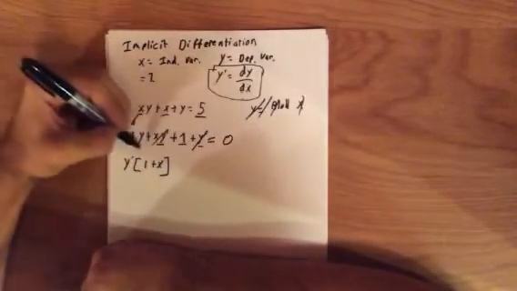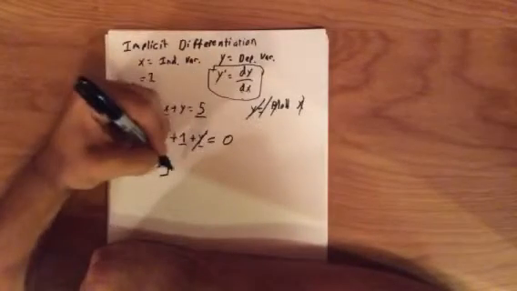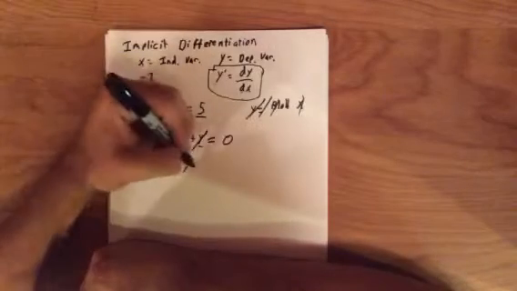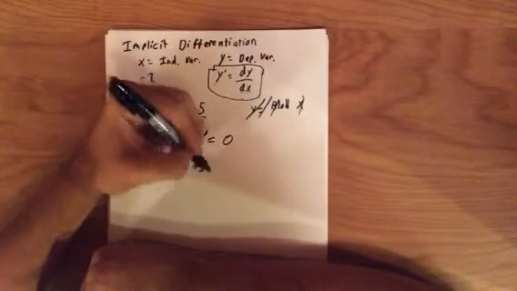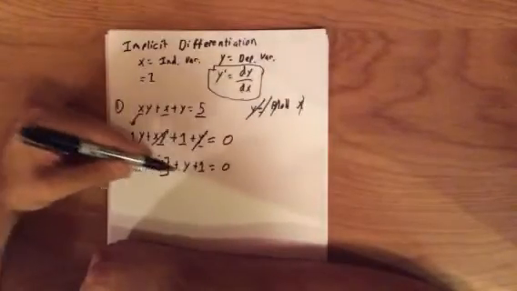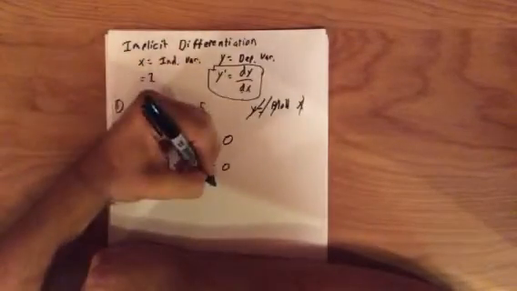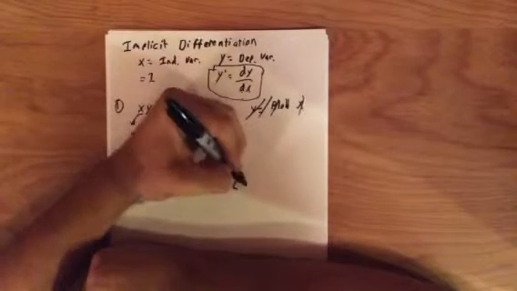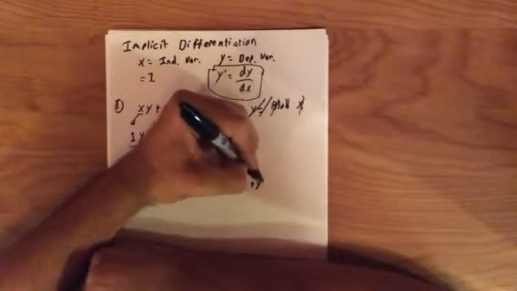Then we have this term here, the 1y, so we can have that on the outside of the parentheses plus y, and then plus 1 is equal to 0. We can pull things over to this side of the equation. It's going to be equal to negative 1 plus y.